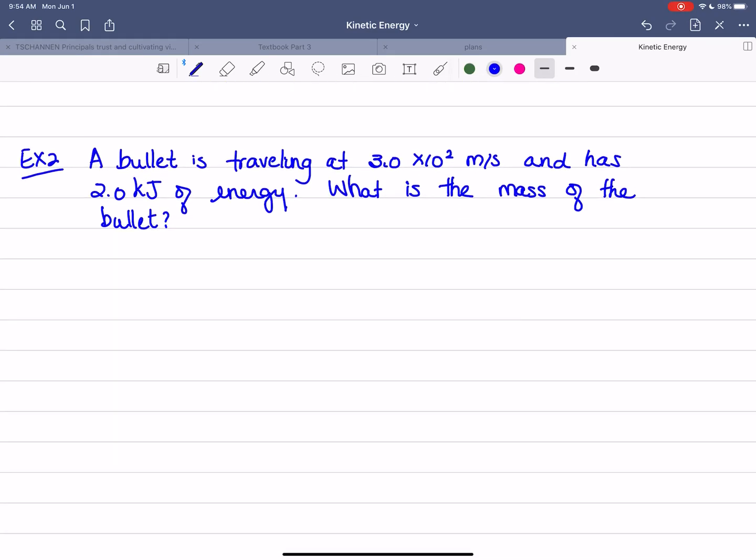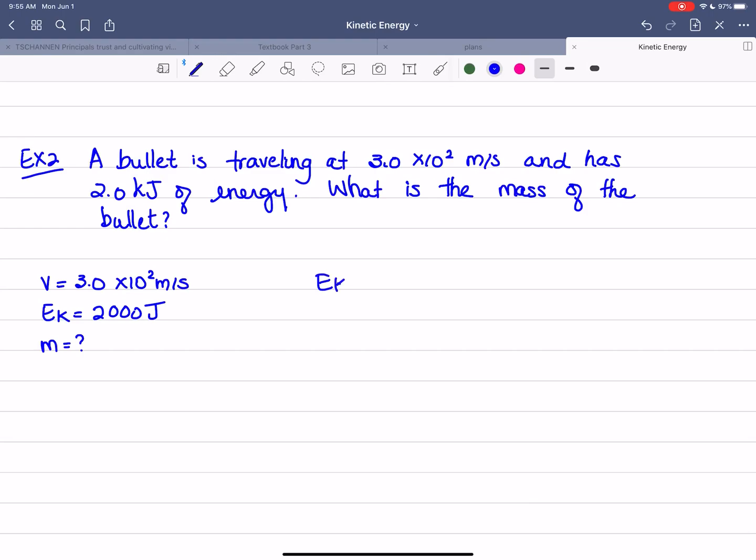Okay, a reminder to try and pause the video and see if you can solve it on your own. We can write down our variables here, what we're given. So 2.0 kilojoules is 2,000 joules, and I'm looking for the mass.